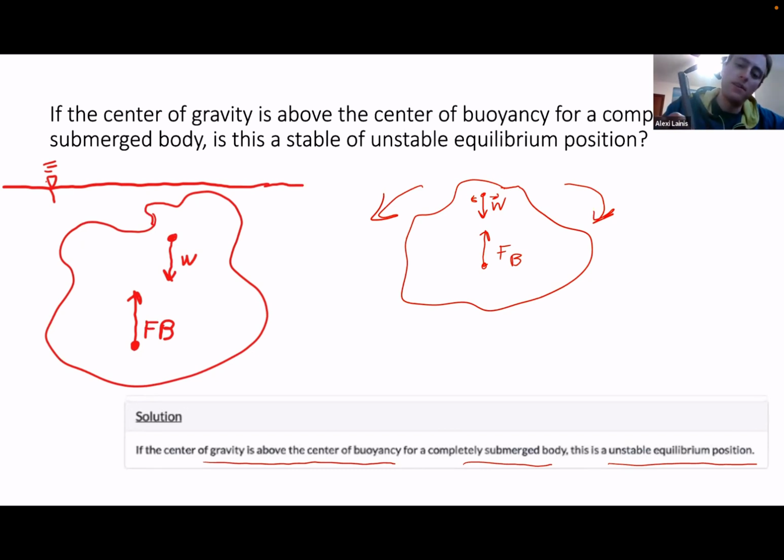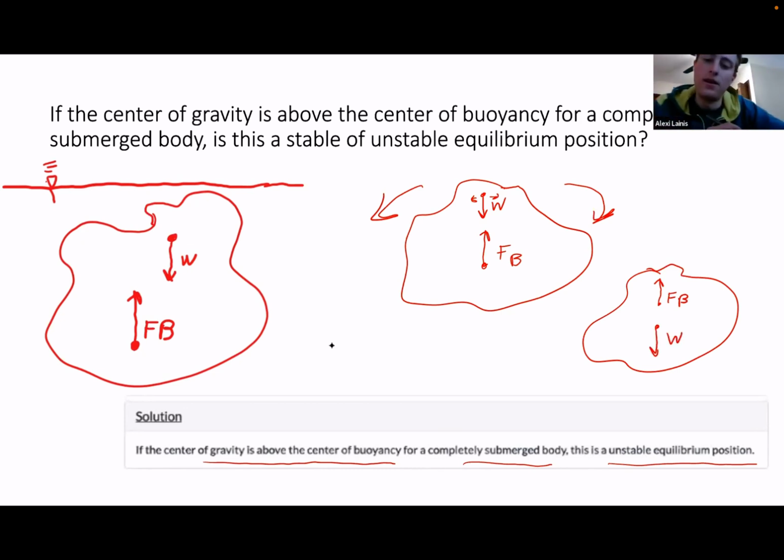If we have a different object and we have the force buoyancy above the weight, like this, it's not going to cause it to rotate because the force buoyancy is pulling it up, the weight's pulling it down.